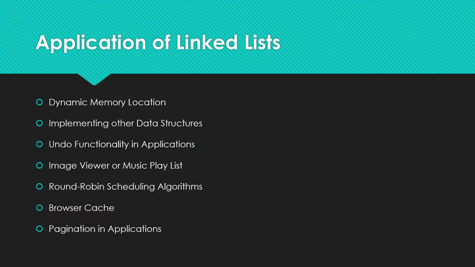So these are the applications of linked lists. When you have a scenario where you need to assign memory locations at runtime, then you use the linked list, so for dynamic memory allocation. For implementing other data structures like the tree and the graph, we're going to see how to do that using linked lists.